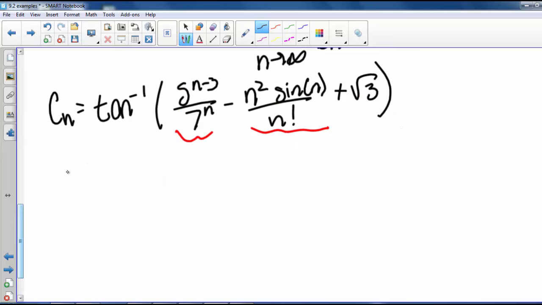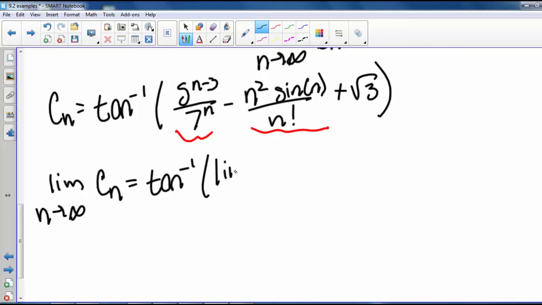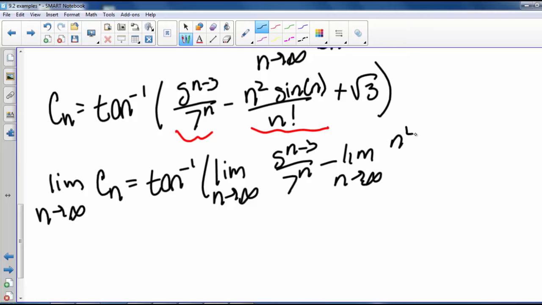So we have the limit as n goes to infinity of c sub n equals the inverse tangent of the limit as n goes to infinity of 5 to the n minus 3 over 7 to the n, minus the limit as n goes to infinity of n squared sine of n over n factorial, plus the limit as n goes to infinity of square root of 3.